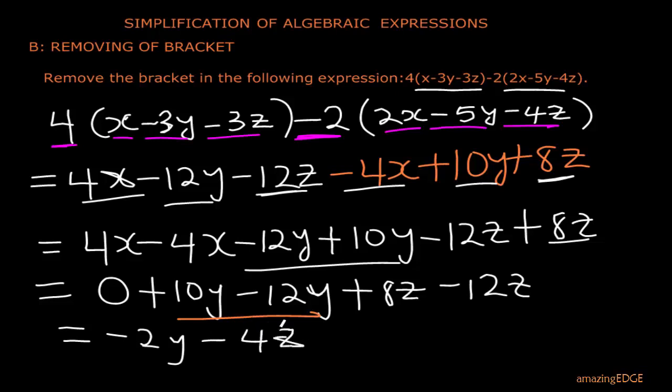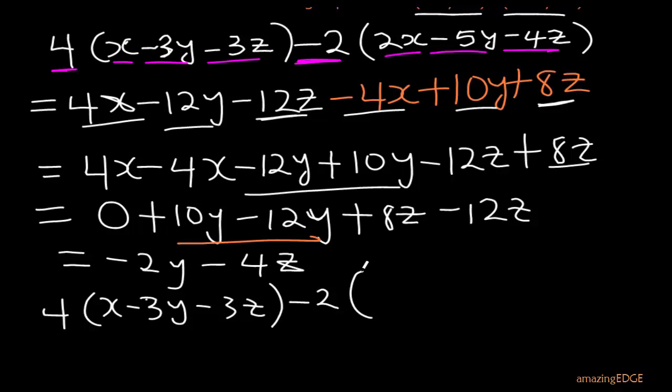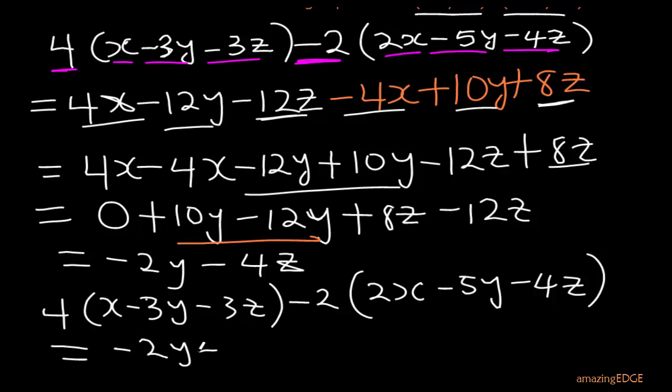That's what we have. So we can say now, without loss of generality, that 4 into x minus 3y minus 3z, bracket closes, another bracket opens, minus 2 into 2x minus 5y minus 4z, is now equal to minus 2y minus 4z.